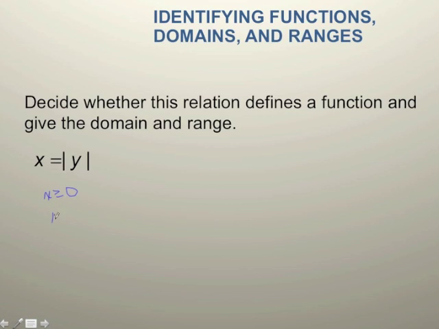So if x was 10, y could either be 10 or negative 10. Not a function. The domain: x has to be greater than or equal to 0, so from 0 to infinity. The range, though, whatever I put in here was always going to turn out to be positive, so the range is all real numbers.